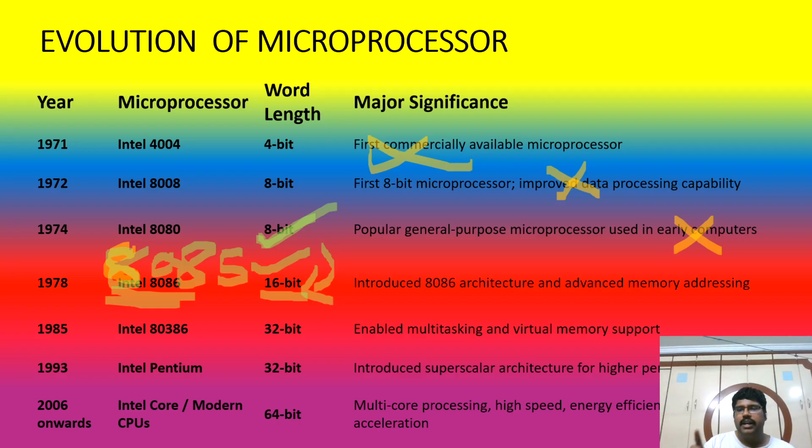That means its speed is very low, it takes a lot of time for completion. Next, there isn't any proper instruction set for performing multiplication or division operations on signed numbers. Signed numbers are nothing but negative numbers. So if you have any negative numbers, there isn't any proper instruction set for performing multiplication or division operations. Okay, is it clear?